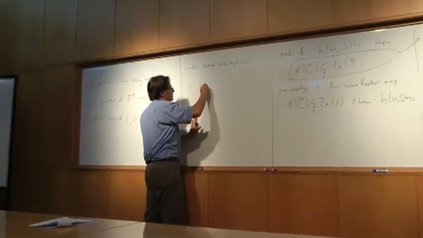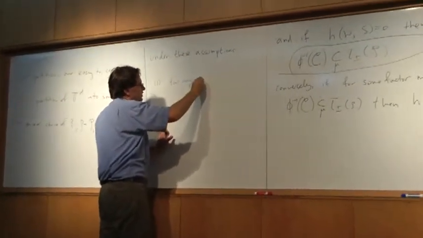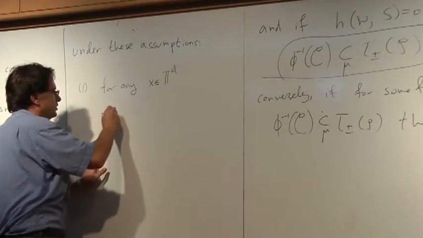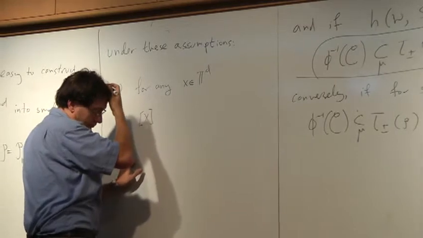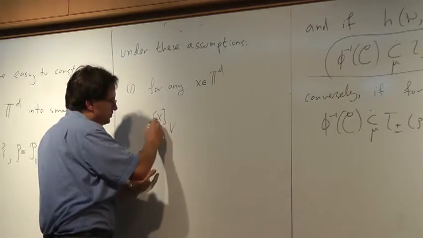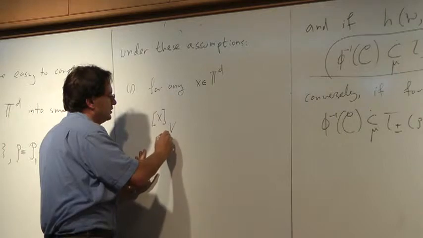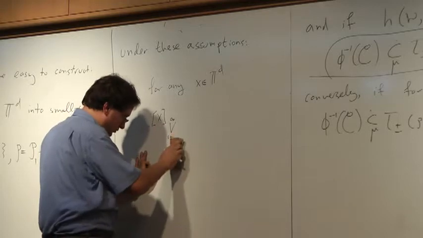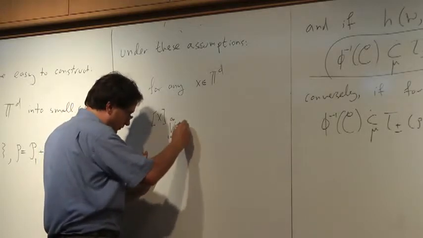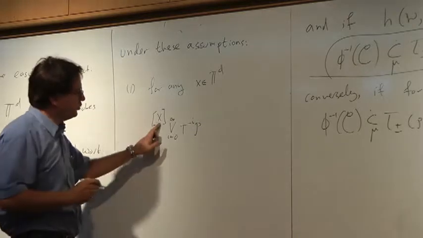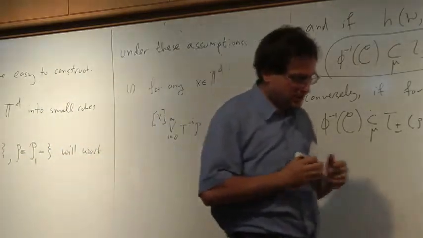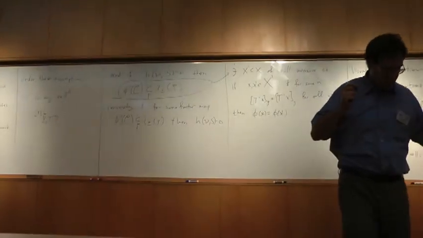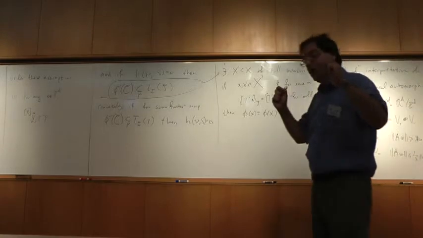If I take any point x in T^d, and I look at the atom of its partition with respect to the sigma algebra, so this is the set of all points y so that T to the i y and T to the i x are in the same element of the partition for all i positive.